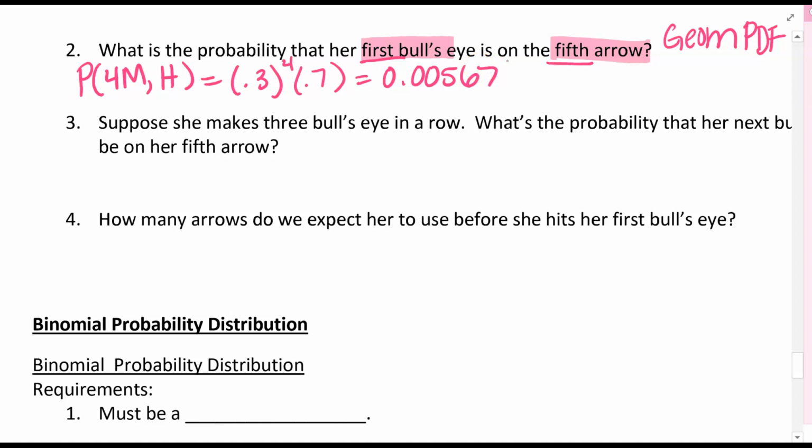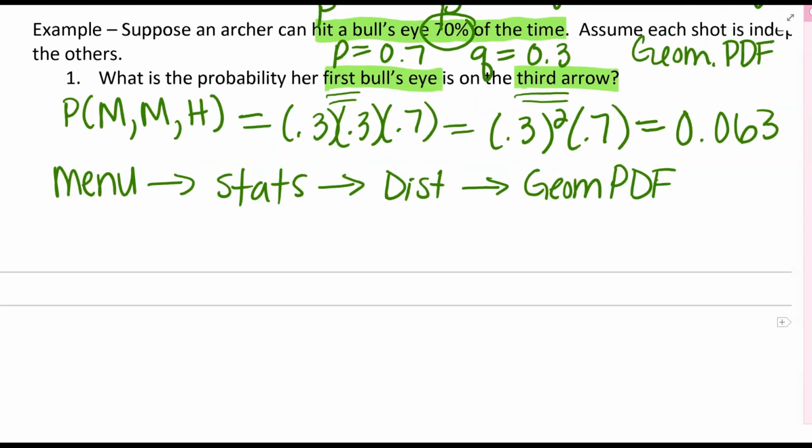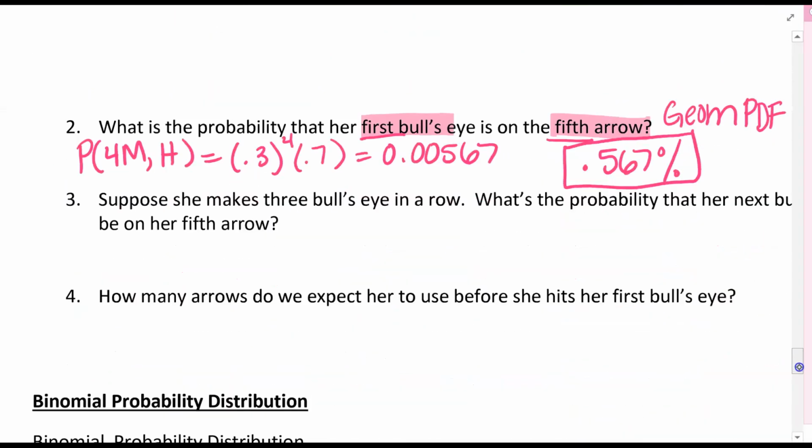All right, so as a percent, this is like a 0.567%. It's less than 1% of that happening versus in the third it was like a 6%, so it's higher than if it is on the 5th.